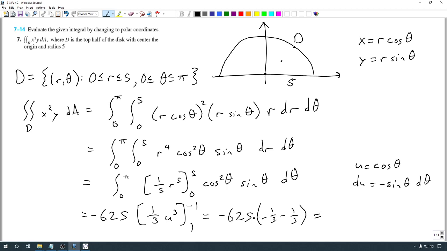But we end up getting basically 2/3 times 625, which comes down to a very big fun number of 1,250 over 3. And you could write that however you want to. But the point is that we are able to compute that particular value.